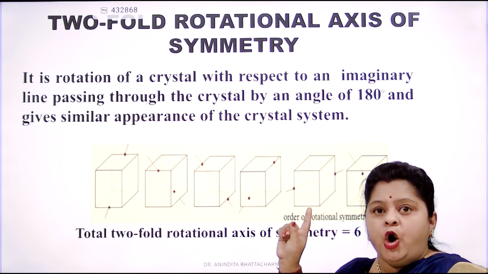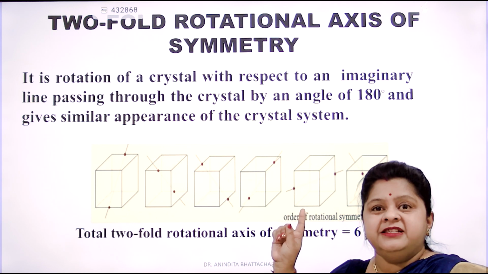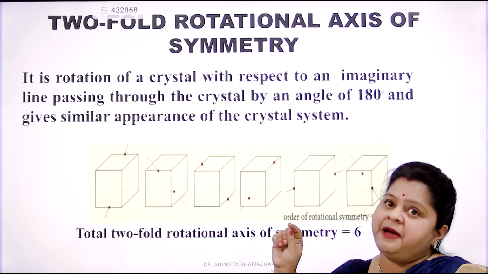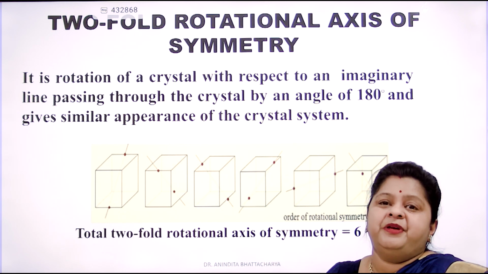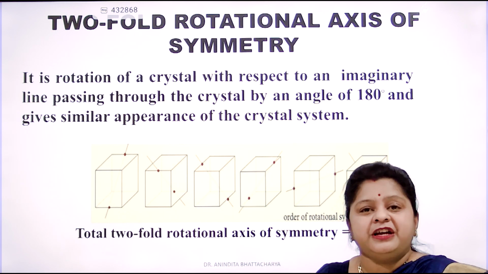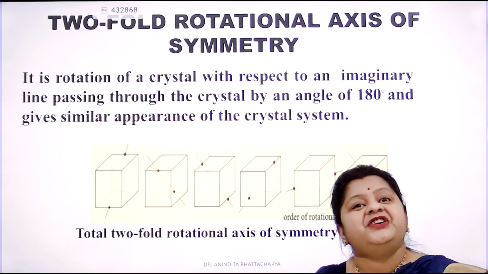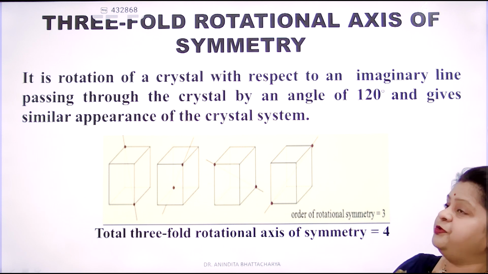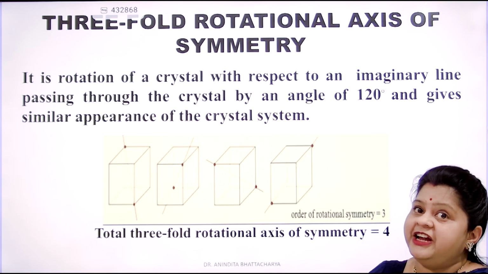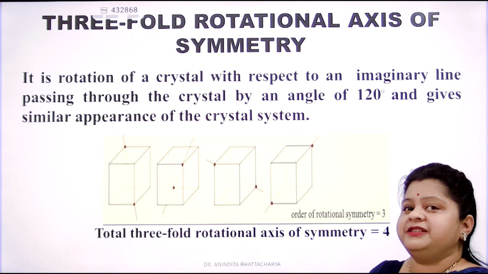But what is the order? How many turns it is making to return back to the original one? It is 2 because in 2 complete rotations we are getting 360 degrees back. Similarly, if I move to the 3-fold axis, the degree I told you will be 120 degrees.